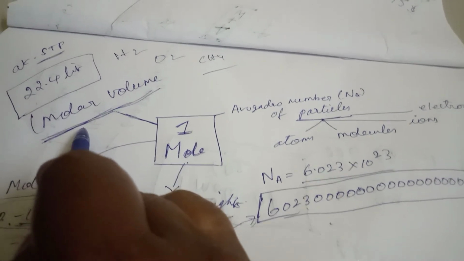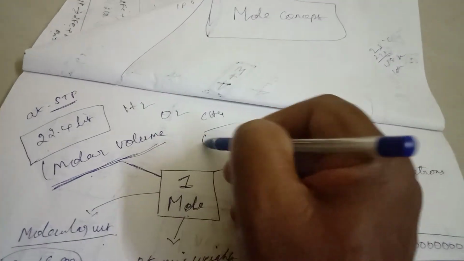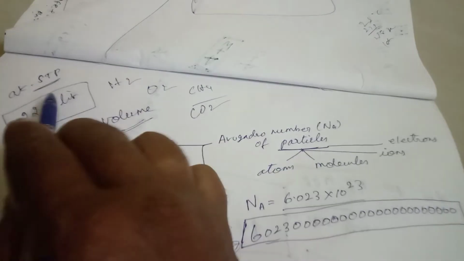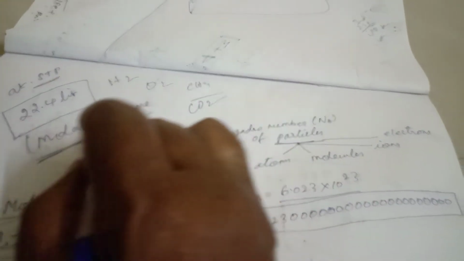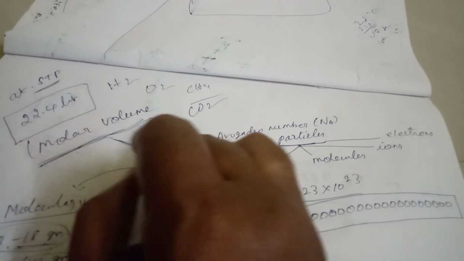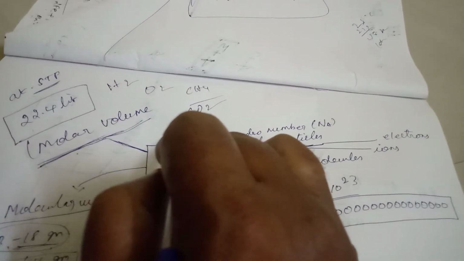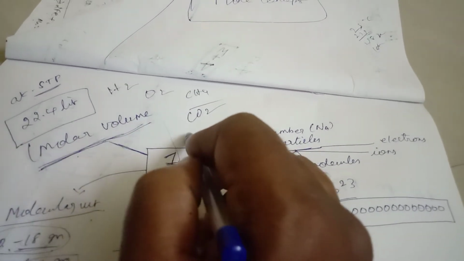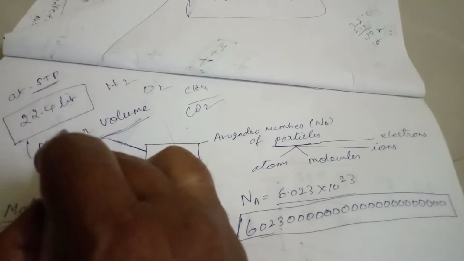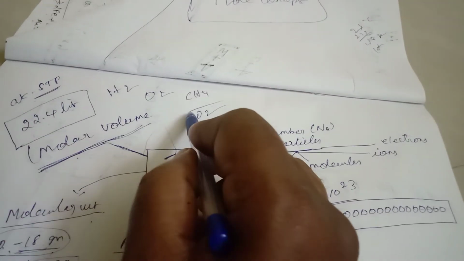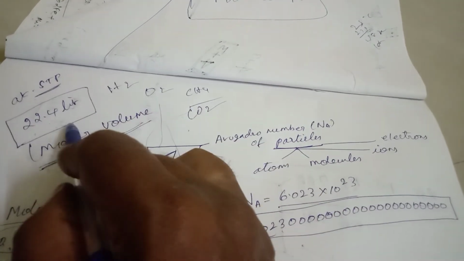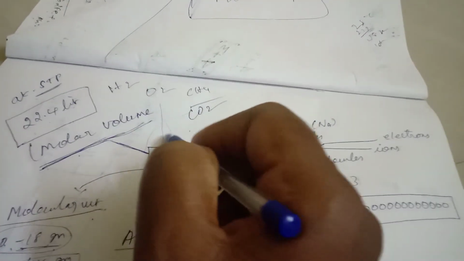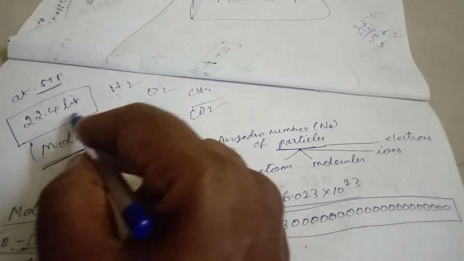For example, if I take CO2 at standard temperature and pressure, that is 22.4 liter, then that is 1 mole. So 1 mole of CO2 at the STP, 22.4 liter. 1 mole of methane at the STP, 22.4 liter. 1 mole of oxygen at the STP, 22.4 liter. 1 mole of H2 at the STP, 22.4 liter.